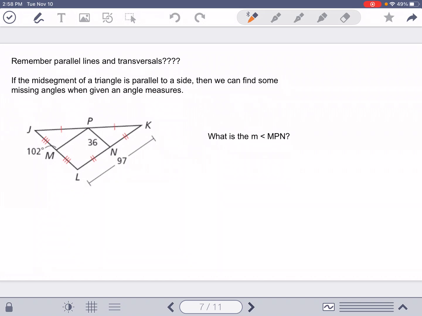So if we look here at angle MPN, MPN is right here. Here's my setup. Parallel lines and a transversal.